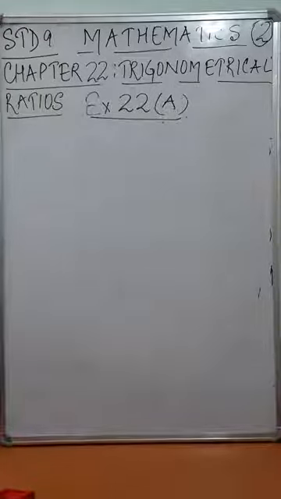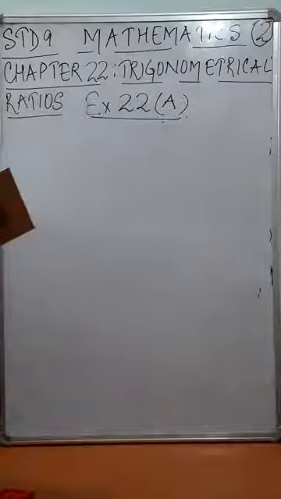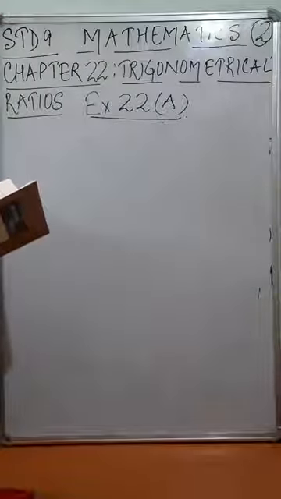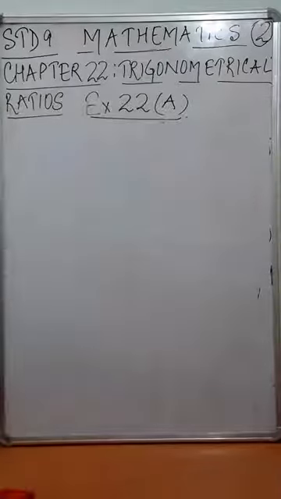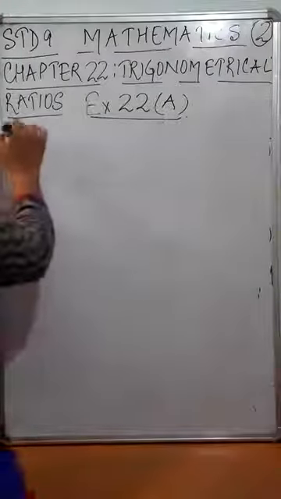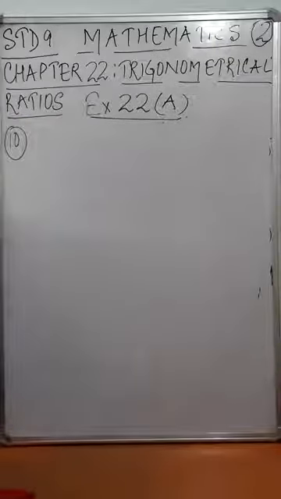Now most of the questions are of the same type: 7, 8, 9, 10, 11, 12, 13, up to 13. It's all of the same type. So I'll work out one from here, and that is question number 10.